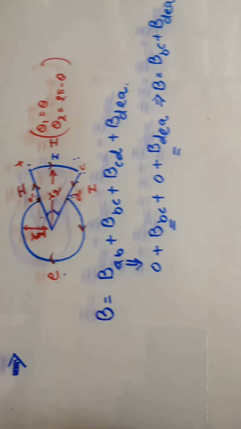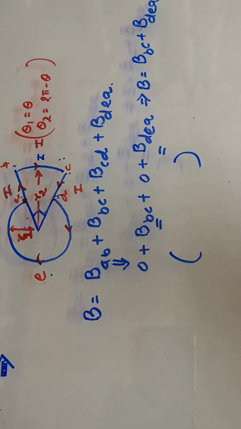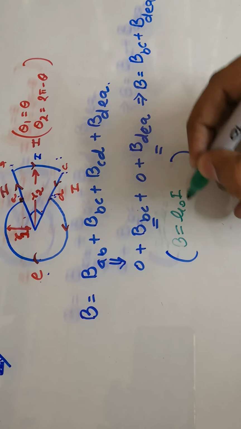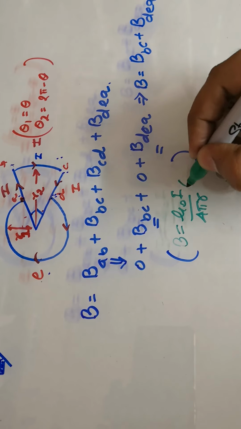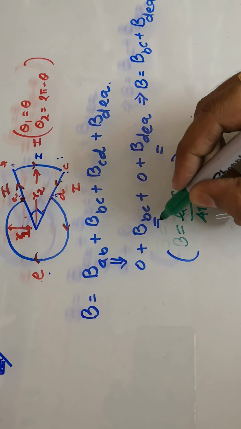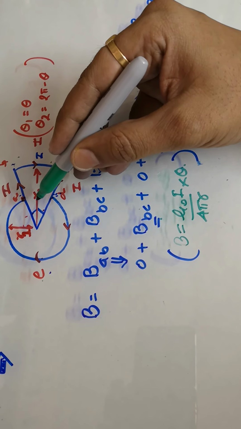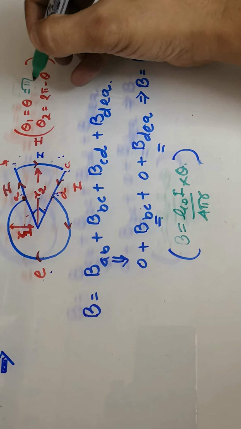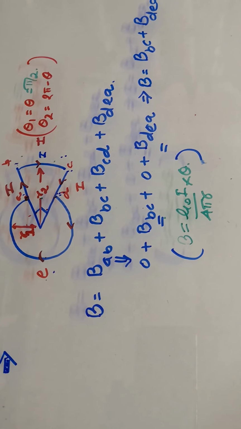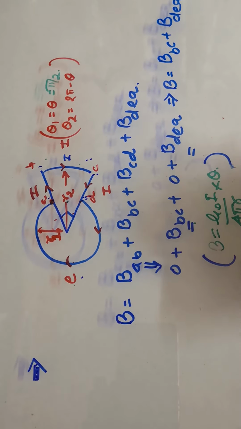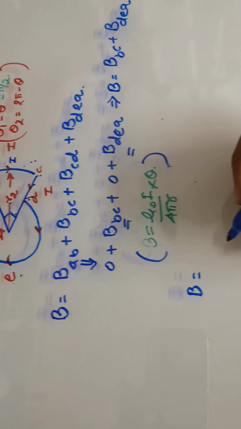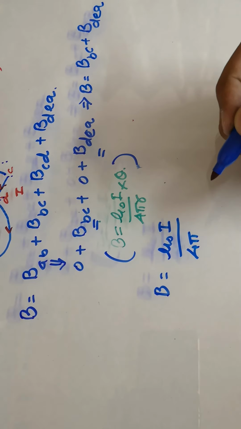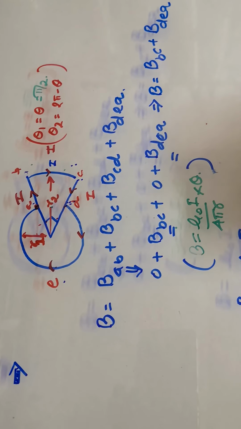Now as per our notation, you are aware of our formula. I have mentioned it previously for you, which is B equals mu 0 I divided by 4 pi r, multiplied by the angle. We will apply it here. First of all, we have the BC part, which holds the angle theta, or you can say pi by 2. So B equals mu 0, current's value I, then 4 pi, and its radius is R2.